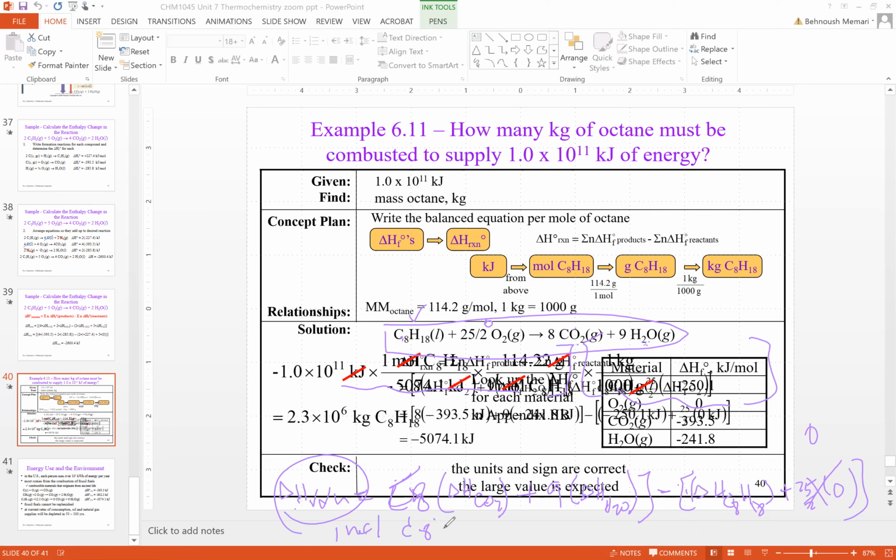Whatever this number is, it's for 1 mole of C8H18. But if you want that much kilojoules, you find the delta H for every mole, and then you divide the wanted energy by the delta H value in order to find how many moles it's going to take.